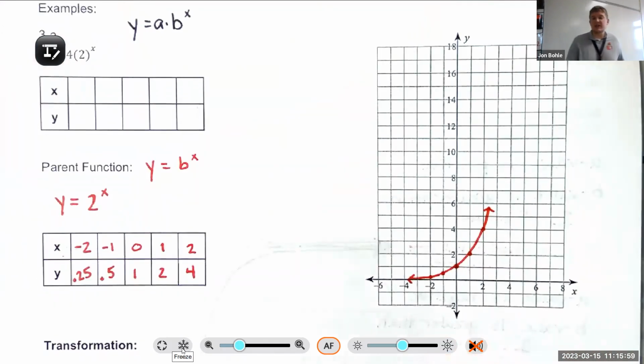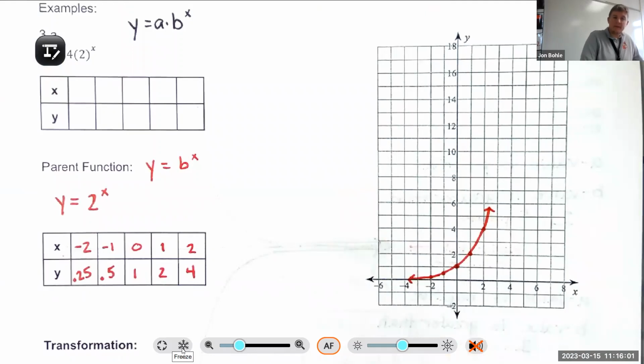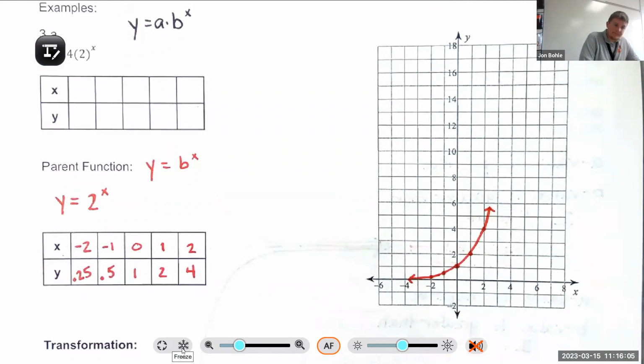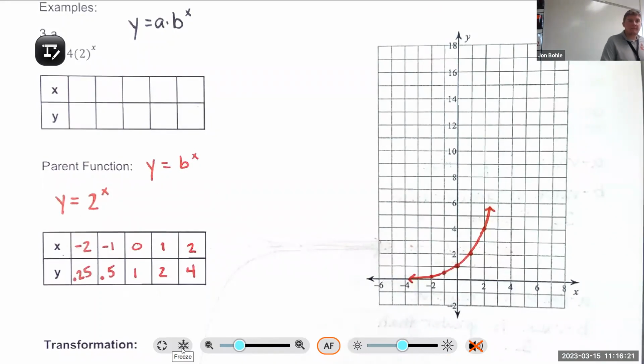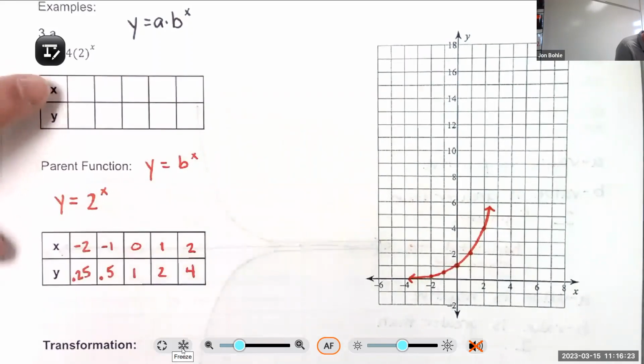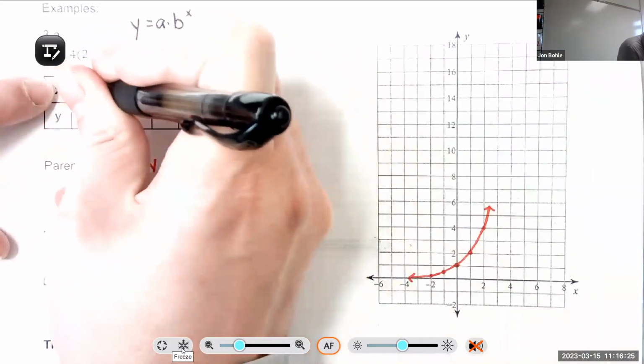And so that's a nice little sketch of what this graph will look like. Okay, questions about that? Let's do the one that we're actually tasked to do.